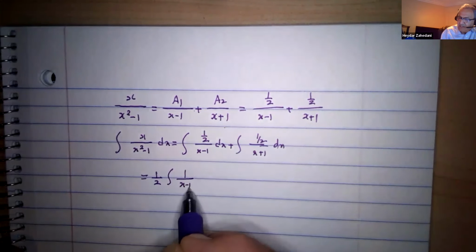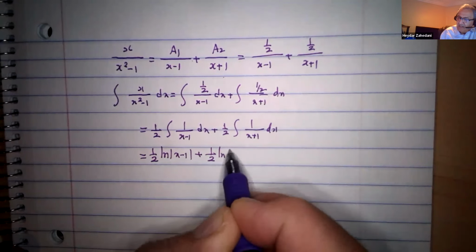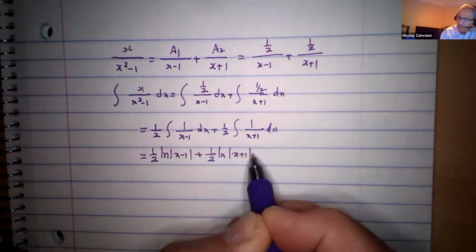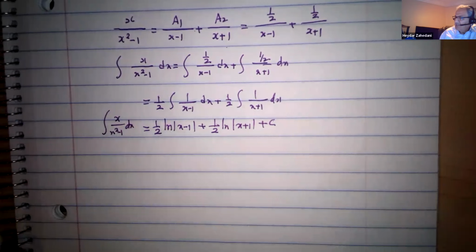And if you take u to be x plus 1, u prime is 1. So it's going to be equal to 1/2 ln of the absolute value of x minus 1 for the first one, plus 1/2 ln of x plus 1 for this one. And you can add the constants. So that's the integral of x over x squared minus 1 dx.